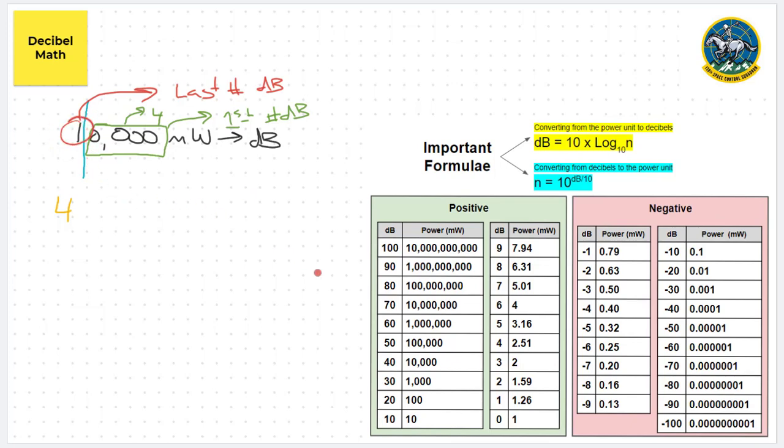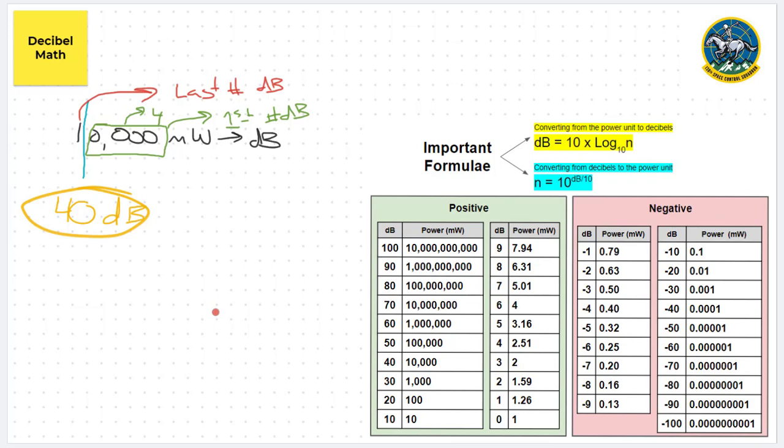If I come over here and find 1, or at least as close as I can get to 1 on this chart, you'll see that I have 1 right here in milliwatts, and that converts to 0. So my second number is 0. So I've got 40 dB. And you should notice that 10,000 milliwatts is going to equal 40 dB. So that converts nicely.